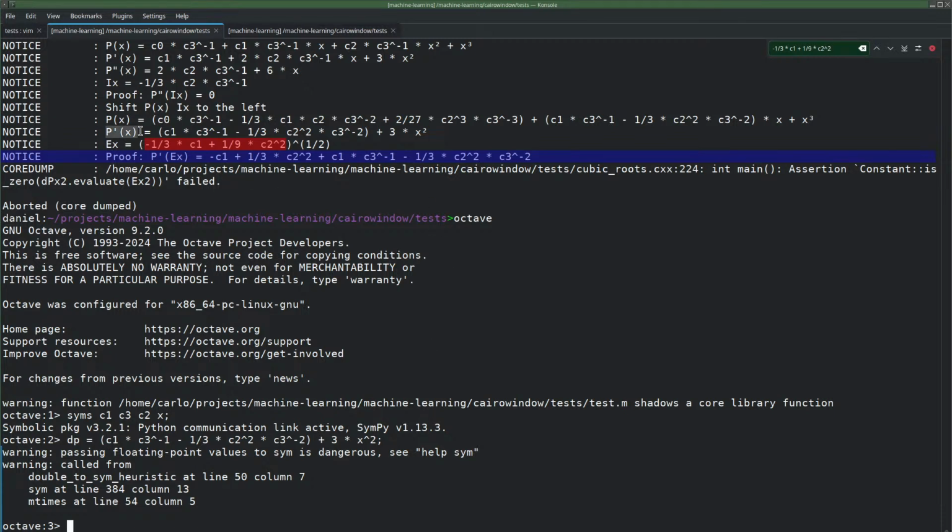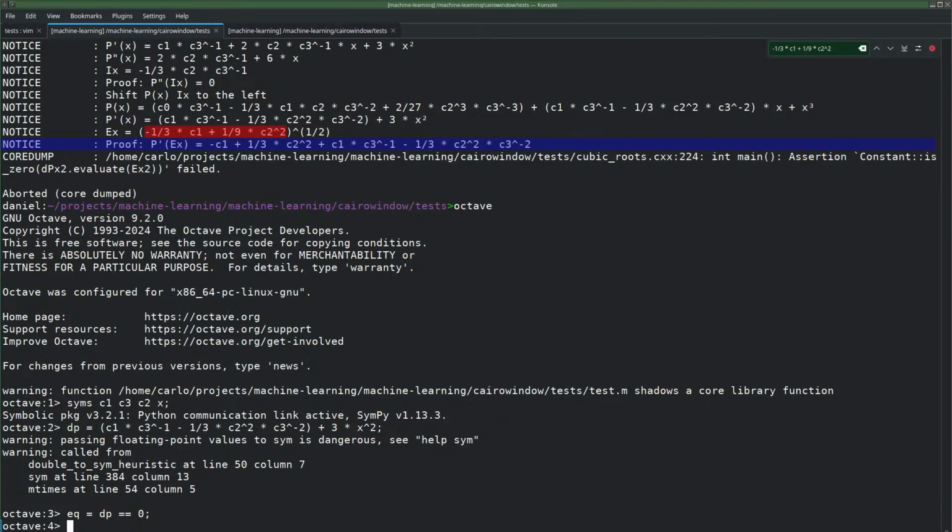Yeah, because there was this thing. And I want to set that one to 0 and then solve for x. That gives me the coordinates. So I do some kind of equation which is now equal to the derivative set to 0.